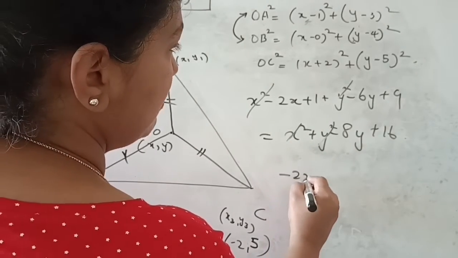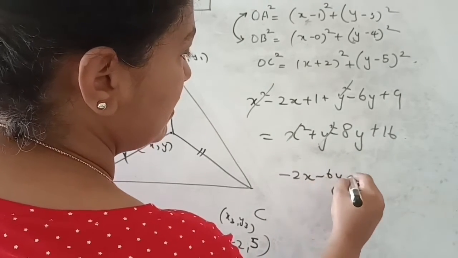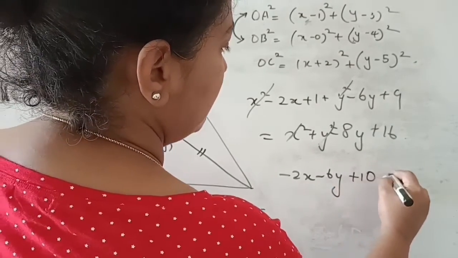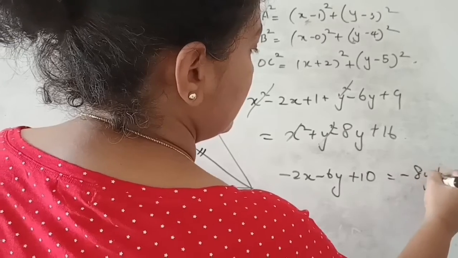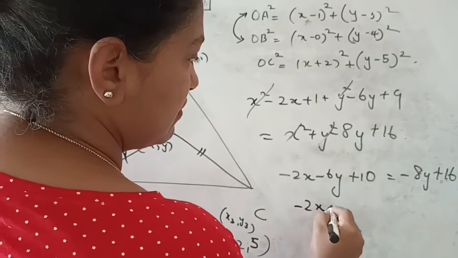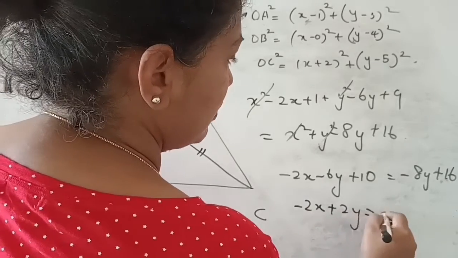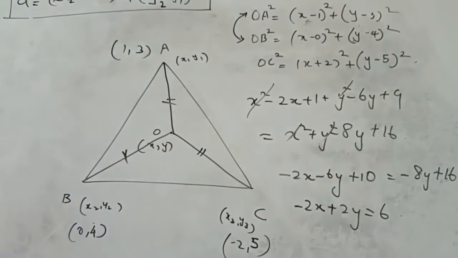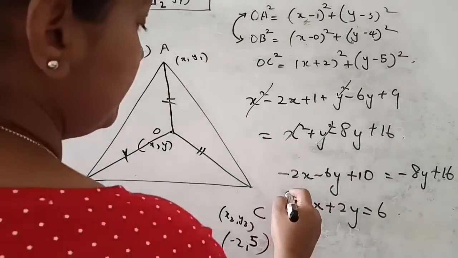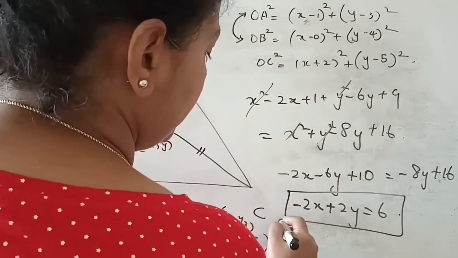So I get minus 2x minus 6y plus 10 equals minus 8y plus 16. Transposing, minus 2x plus 2y should give me 6. Right? Now, this is my first equation.